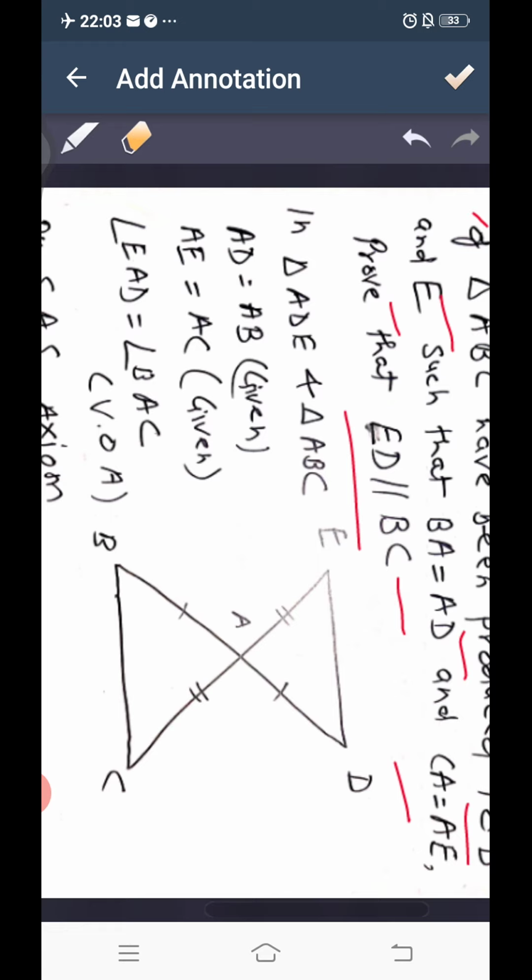BA equal to AD. BA and AD are equal, and AC and AE are also equal.